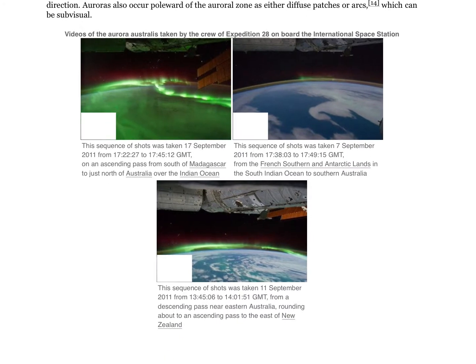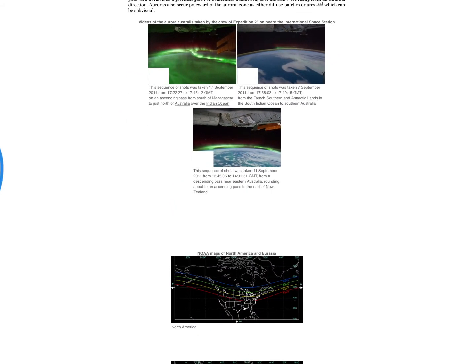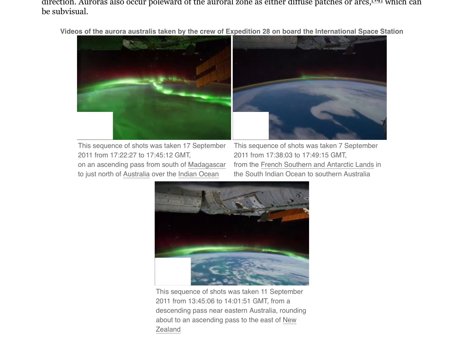And if you check out the Wikipedia page yourself on the aurora, then you'll be able to see these 3 videos, where it's video of the space station flying over and towards some significant aurora events. Really cool stuff. Really pretty stuff. Something that I haven't seen in person yet, and here's why.